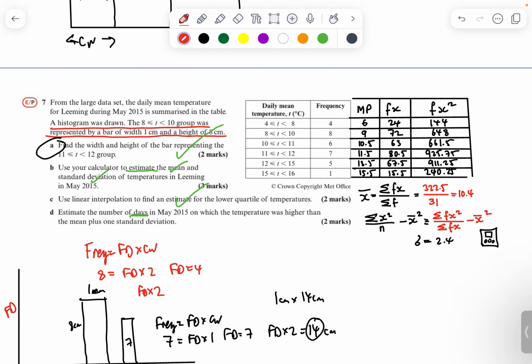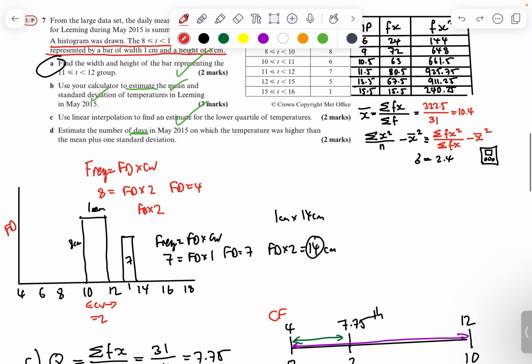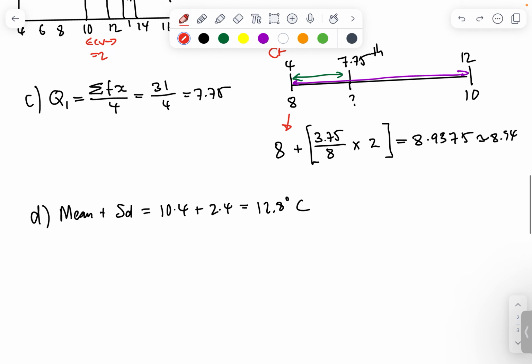So looking at our table, if I want a day that's 12.8 degrees, it's going to be here. So I'm going to do the same thing. I'm going to do linear interpolation. So this time, I'm going to draw my number line again, and put my cumulative frequency up here and my values on the bottom as I did before.